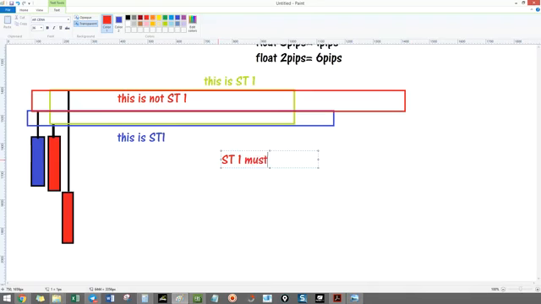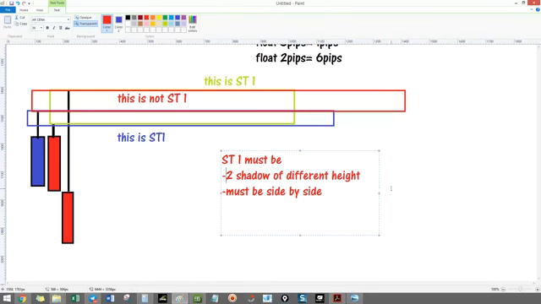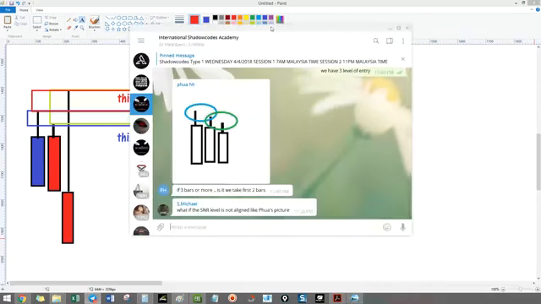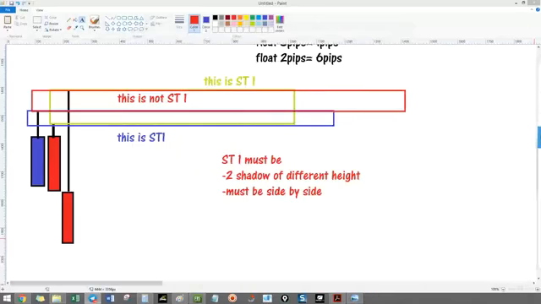ST1 must be two shadows of different height, side by side. What if the SNR level is not aligned like in the picture? We only use SNR at the peak.